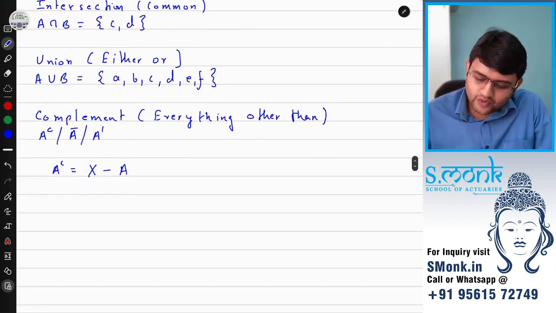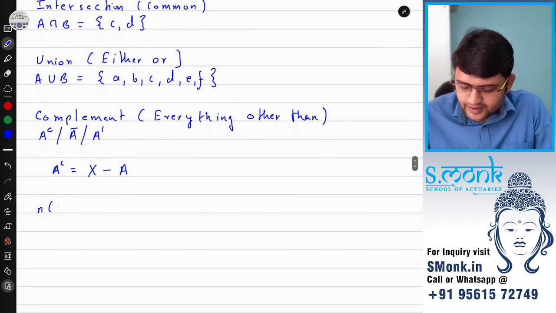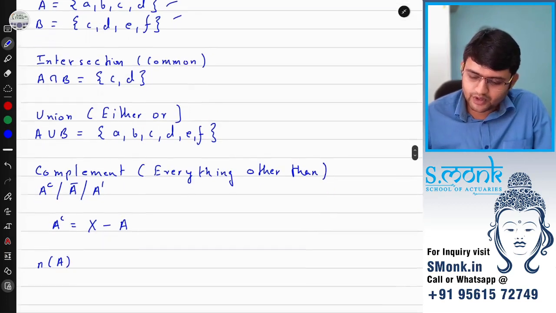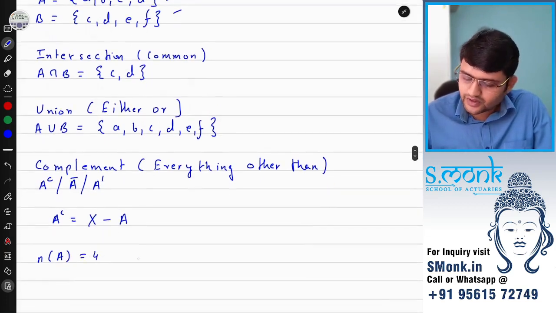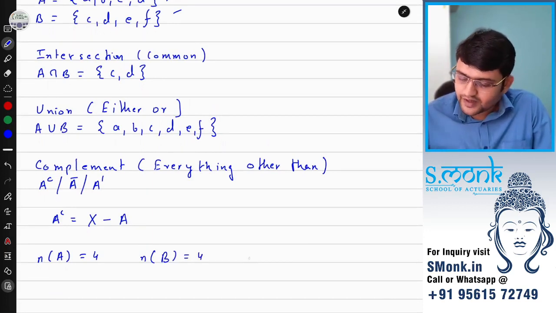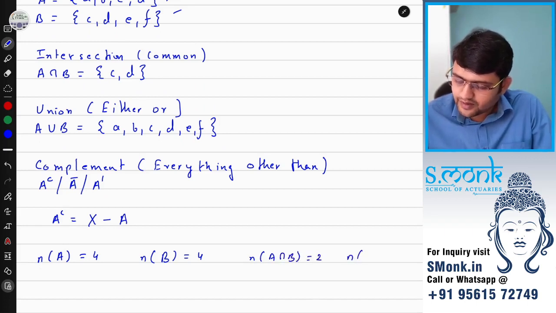Now we are more interested in the number of elements. In the example, the number of elements in A is 4 and the number of elements in B is also 4. The number of elements in A intersection B is 2 and the number of elements in A union B is 6.